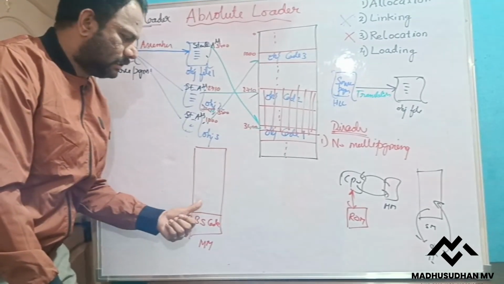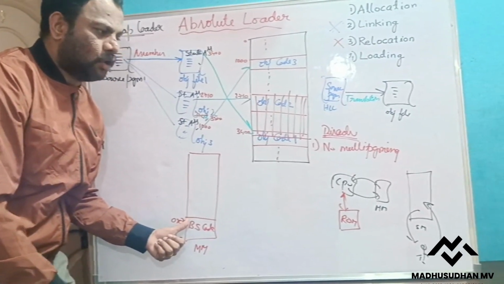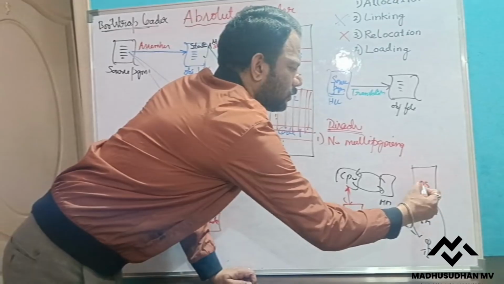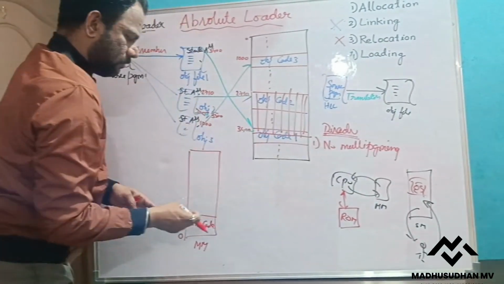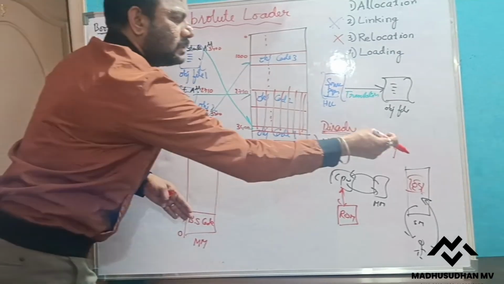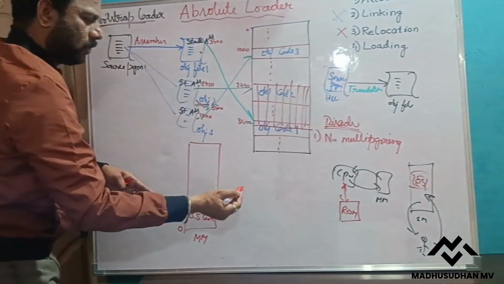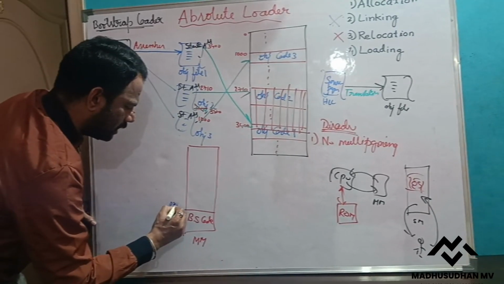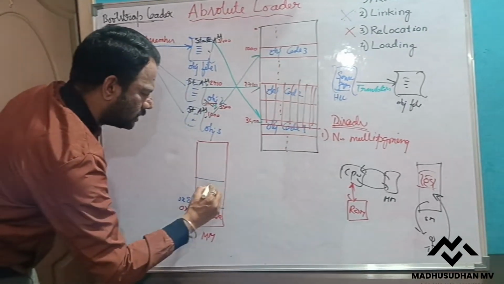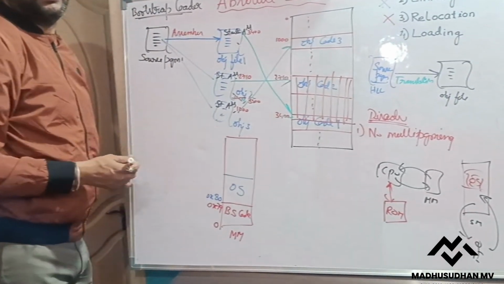Once it runs, this code contains the address where our operating system is stored in the secondary memory. Now it brings the operating system from the secondary memory and loads it starting from hexadecimal address 80.